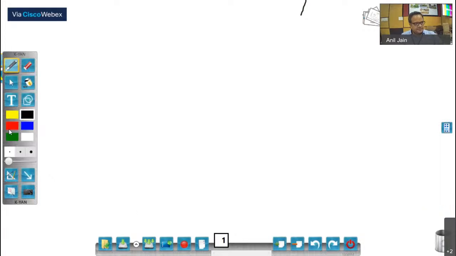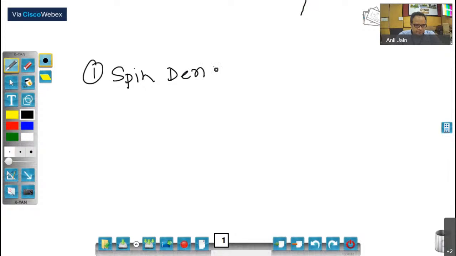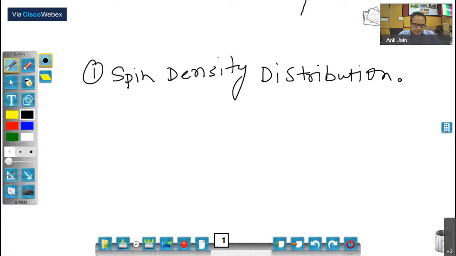So by doing a polarized neutron diffraction study, you can get an idea about the spin density distribution, that is, how the spin density is distributed in your sample.